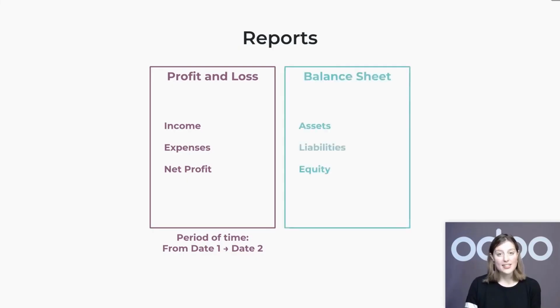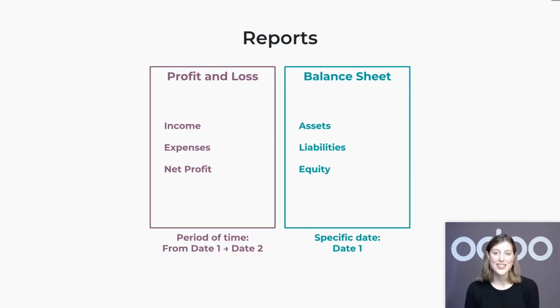On the other hand, the balance sheet is a summary of everything ever encoded and gives a snapshot of a company at a specific date. As we saw earlier, the notion of balance is crucial for double entry accounting.